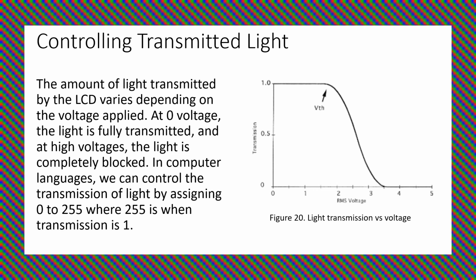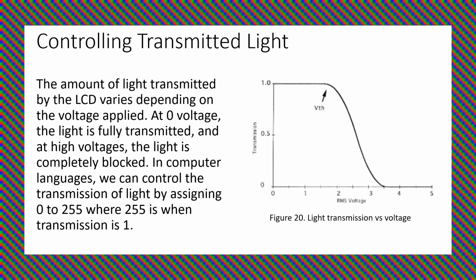So in an LCD, if you increase the voltage across the electrodes, then the light becomes darker, as seen from the previous diagram.